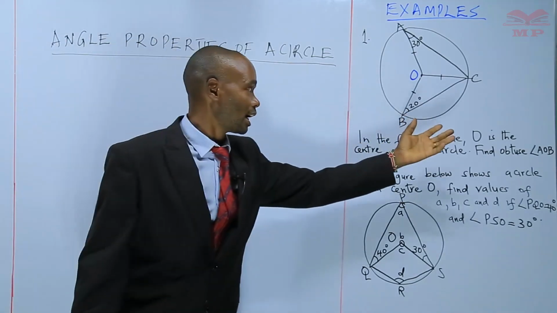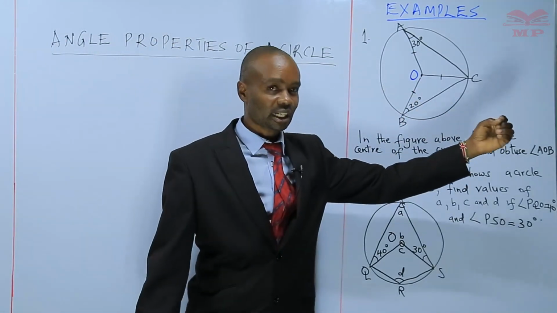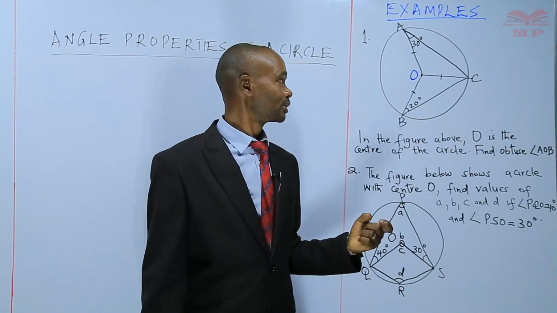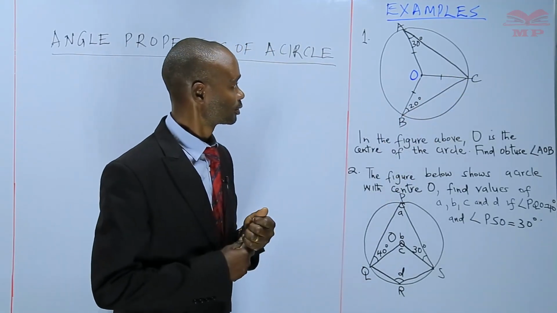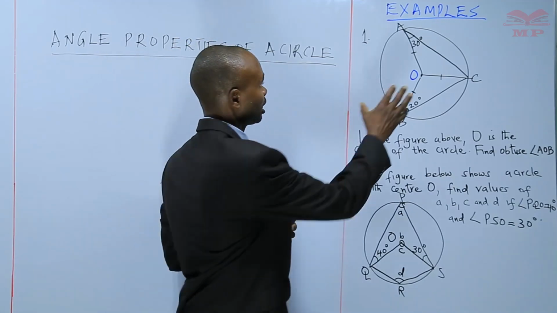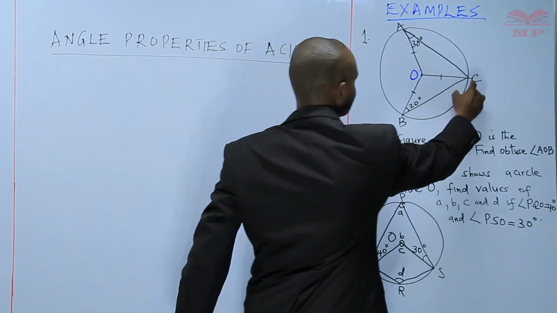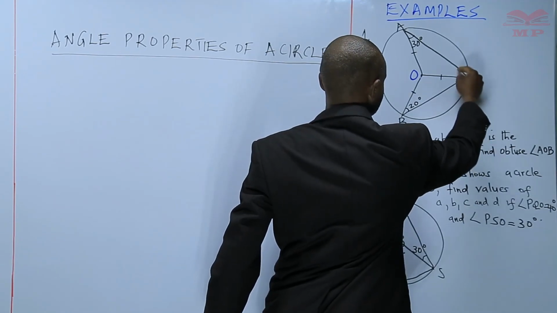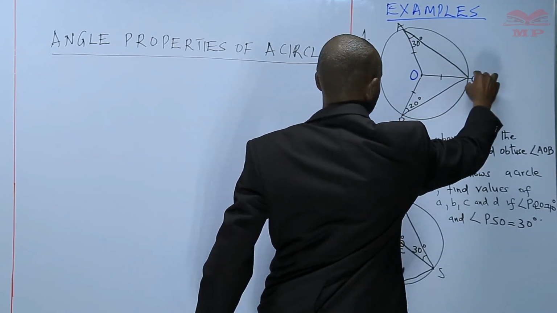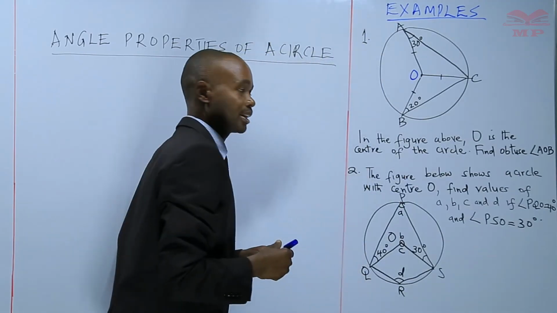You know what we call an isosceles triangle. In an isosceles triangle, two angles are equal. So if we go to our question, we shall first of all find the value at the circumference, the value of angle ACB.